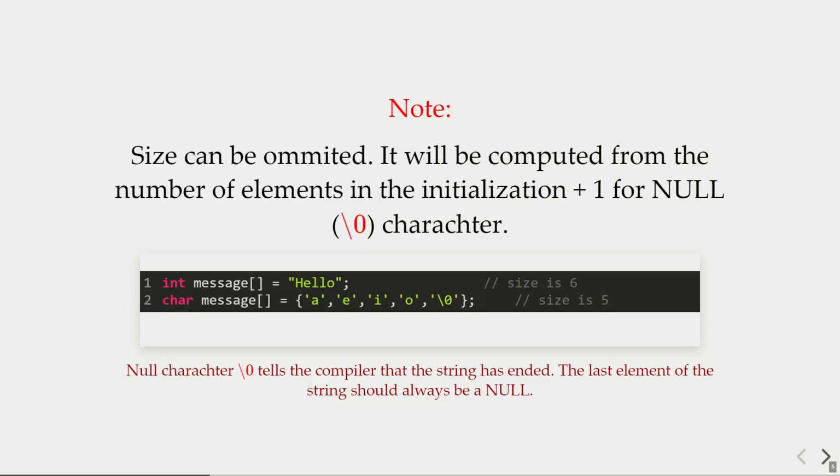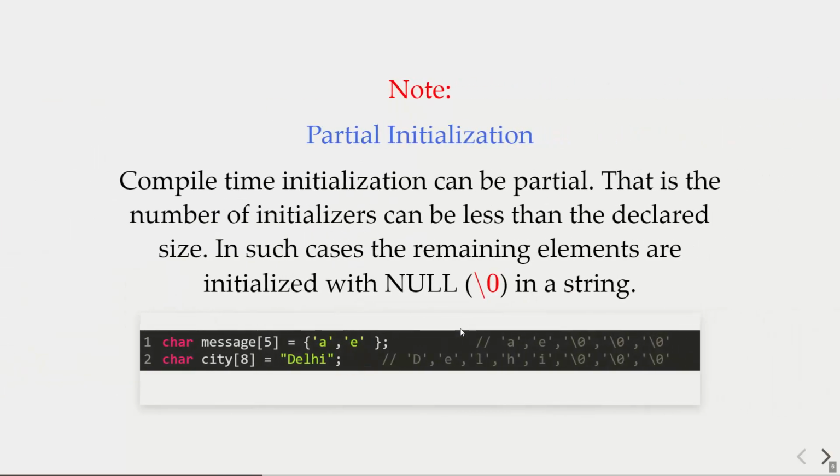So the size of this array will be 5. I hope you have understood the use of the null character, and how this size is automatically calculated as soon as you initialize the variable. Okay, so let's go ahead.